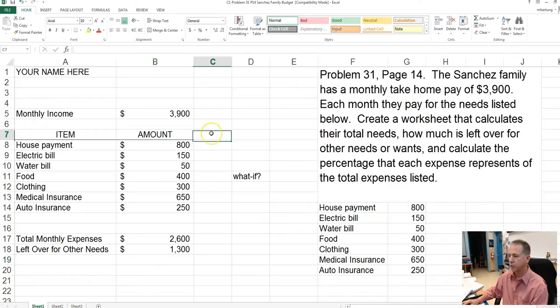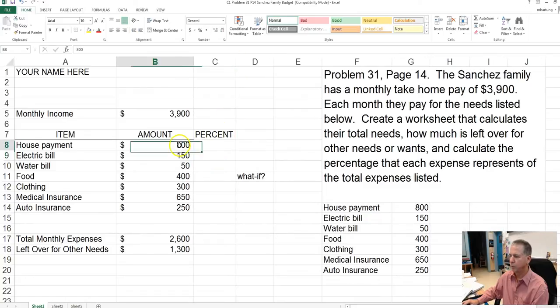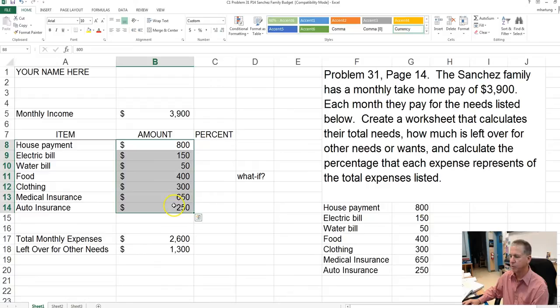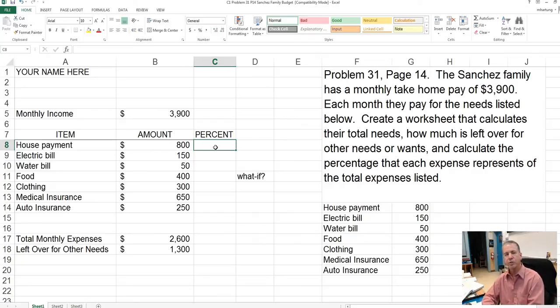The next thing we can do is calculate what percent each of these expenses represents of the total monthly expenses. To calculate a percentage, an easy way to think about it is always to take a part of something and divide it by the whole or total amount. Part divided by the whole.